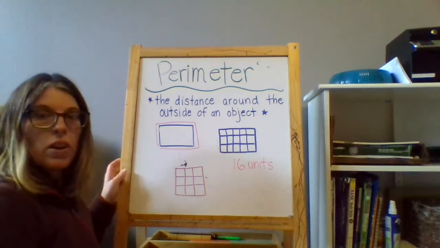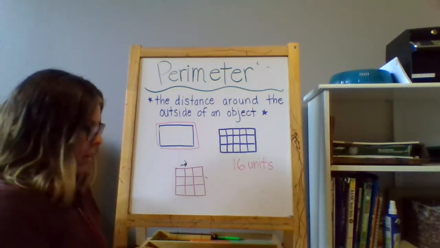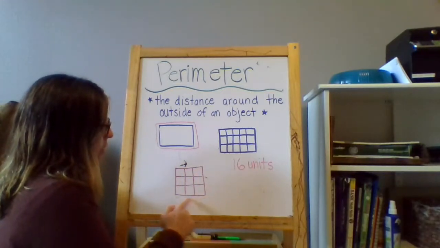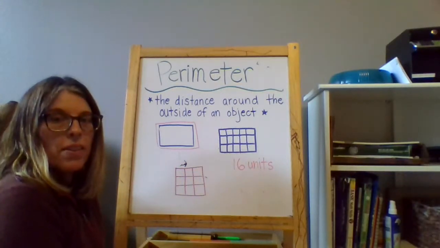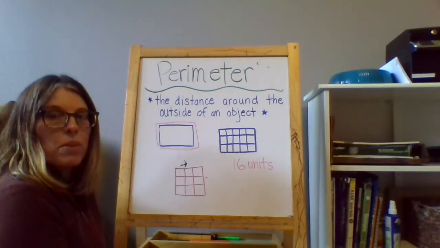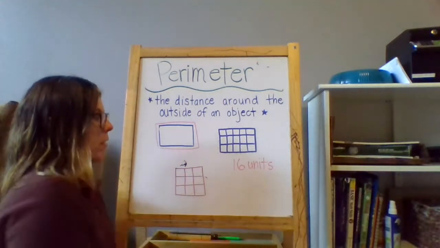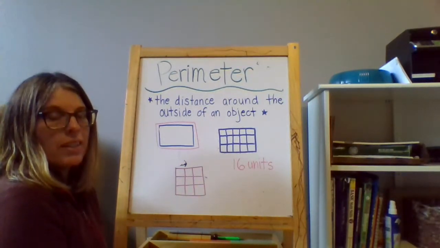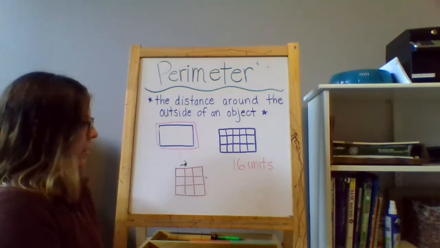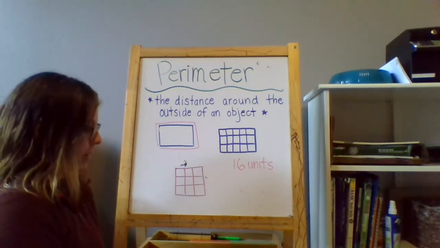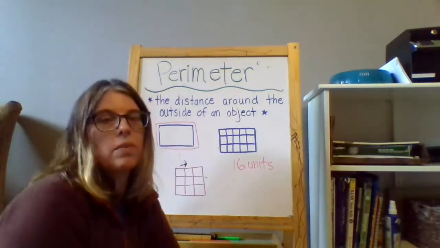Okay, so go ahead and see if you can figure out what would be the perimeter. What's the distance around the edge, around the outside? And remember, use units as our label, okay? What's the distance around the outside? Okay, should we do that one together now?